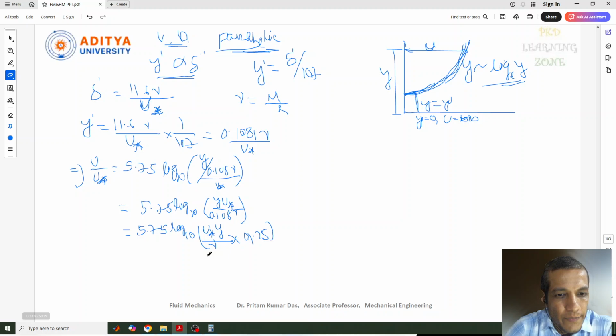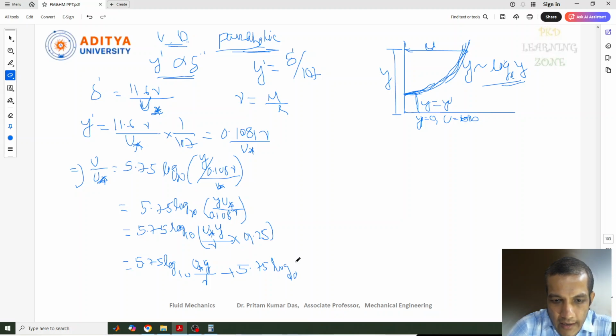Now again we'll write this value in terms of 5.75 log 10 of u star y by nu, because log of ab is log a plus log b, so you can write it this way also. So again 5.75 log 10 of 9.25.